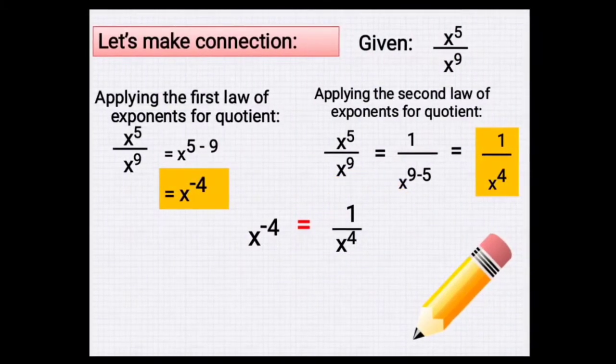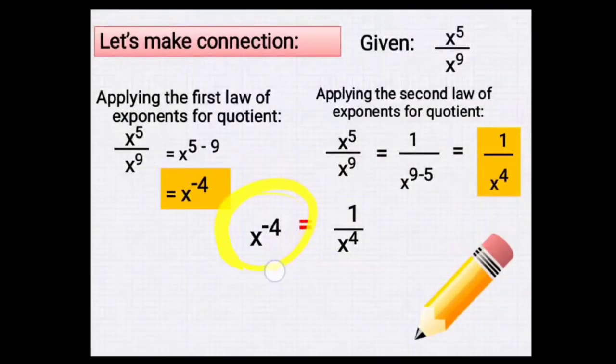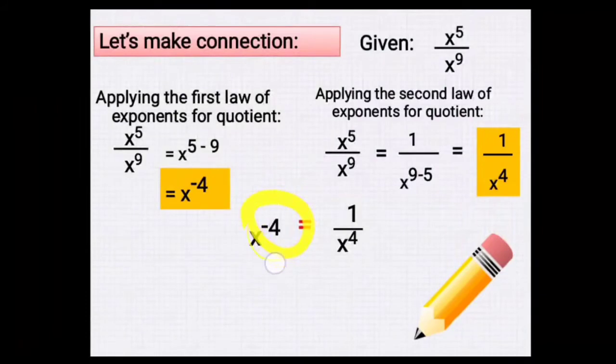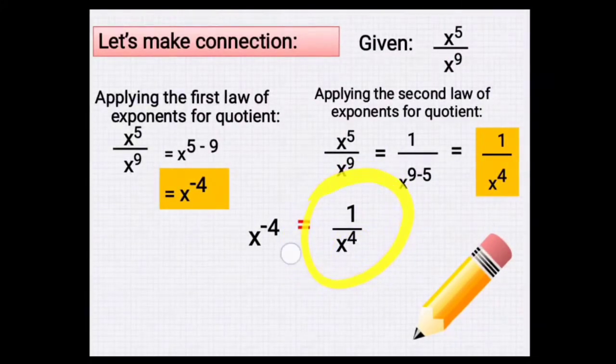In that case, if you see an expression with a negative exponent, like x raised to the negative fourth power, you have to convert it to positive. So as you can see, we have negative 4 here, and if we convert it to positive, we will have this expression. Okay, 1 over x to the fourth power.